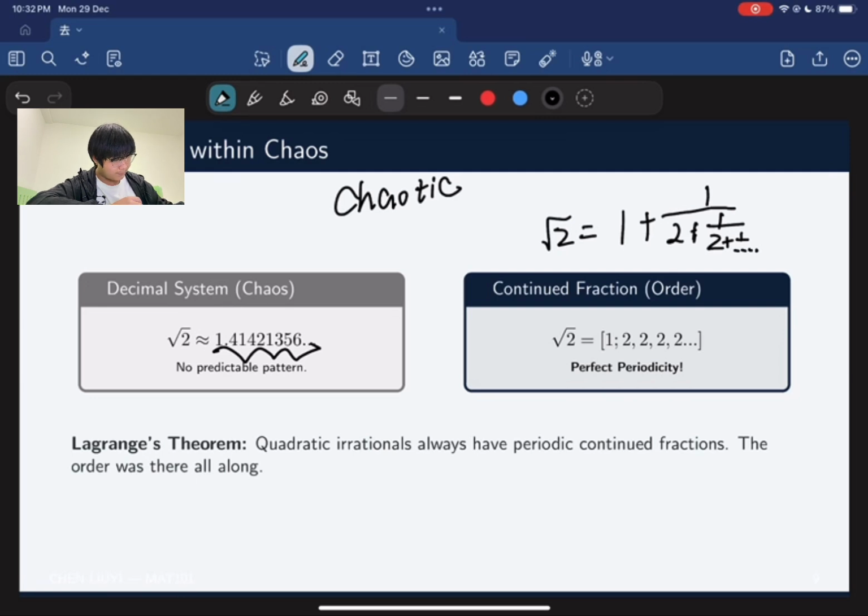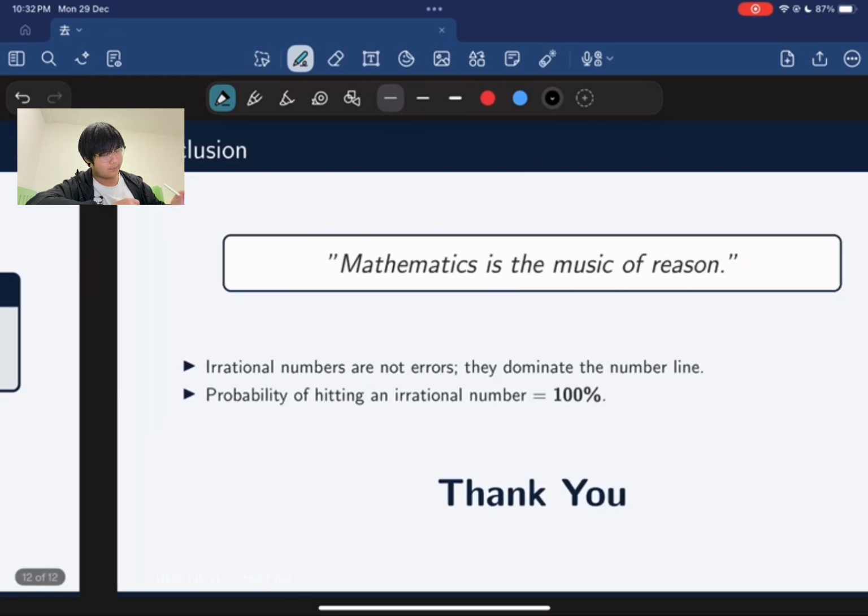That's orderly. That's not a contradiction, because we use a different perspective. And we can know Lagrange's theorem. Quadratic irrationals always have periodic continued fractions like this. The order was there all along.